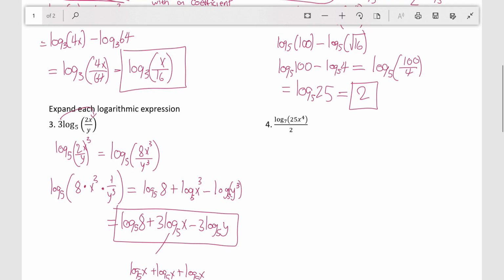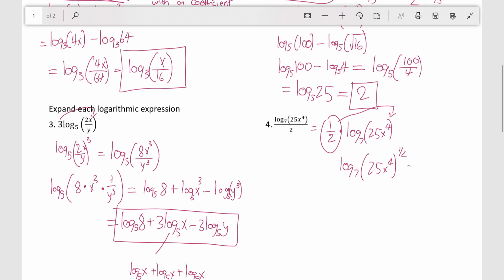Okay, so then last we have log base 7 of 25x to the 4th all over 2. So again, it's helpful to write this as 1/2 times log base 7 of 25x to the 4th. Because this kind of shows me that this is really just a coefficient, and therefore I can make it an exponent. So I have log base 7 of 25x to the 4th raised to the 1/2.